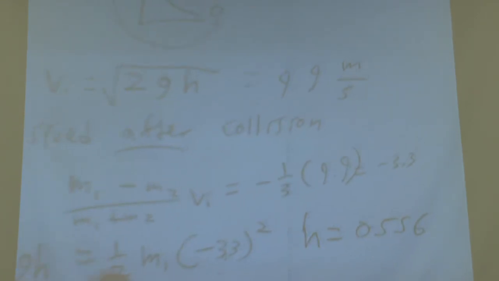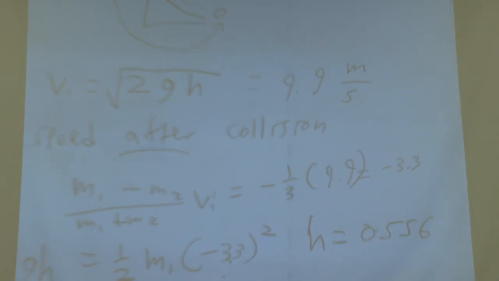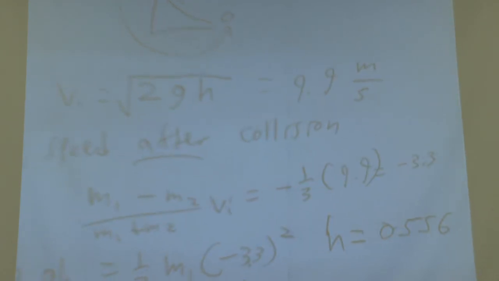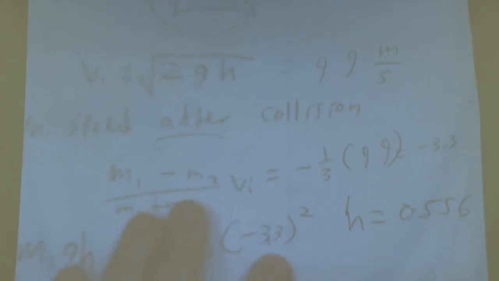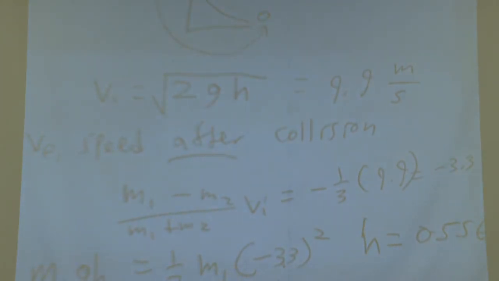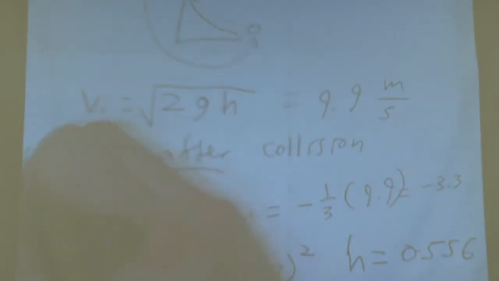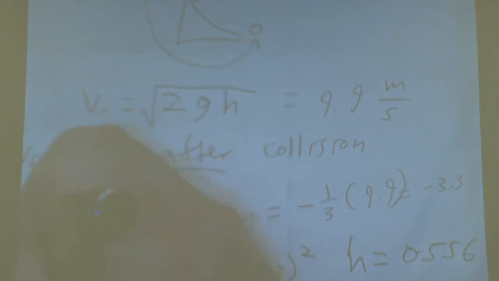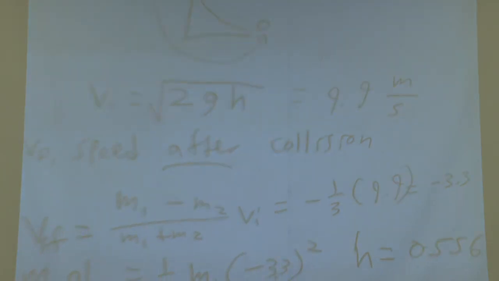Now, because energy is conserved, we have this equation for the speed after the collision. All right? I should probably label that. This right here, V1 final. That's what that is.